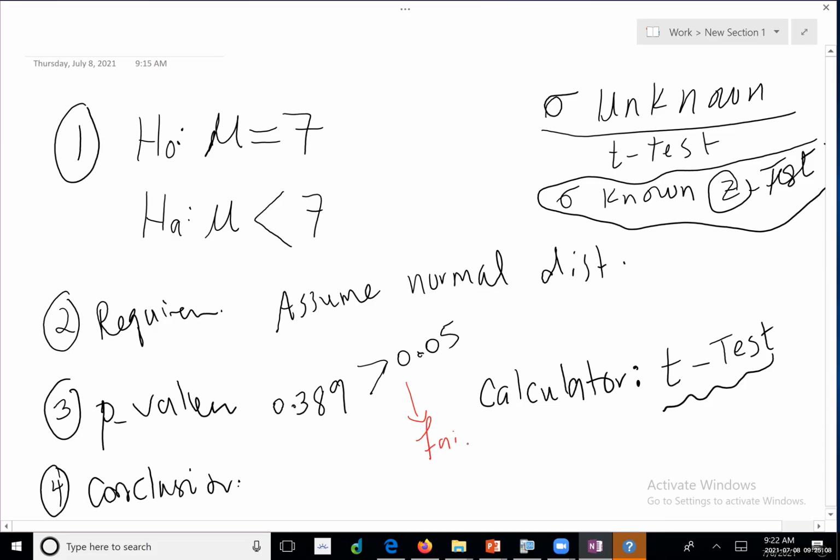Very good. So it's fail to reject the null, and you do not support the alternative.